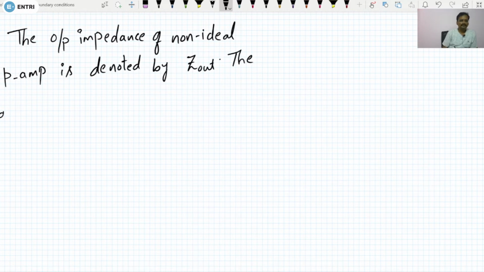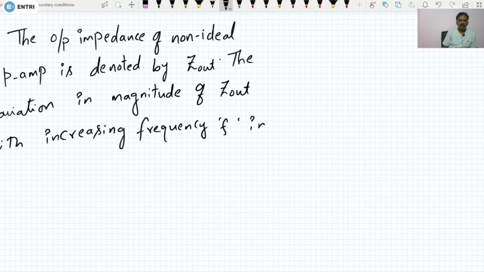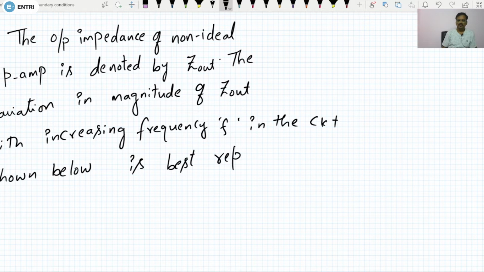The variation in magnitude of Z out with increasing frequency f in the circuit shown below is best represented as. Okay, so here they have given the circuit.